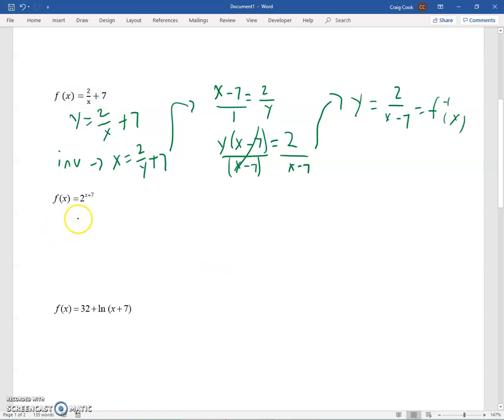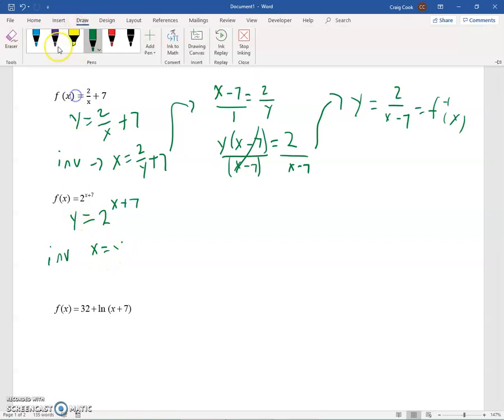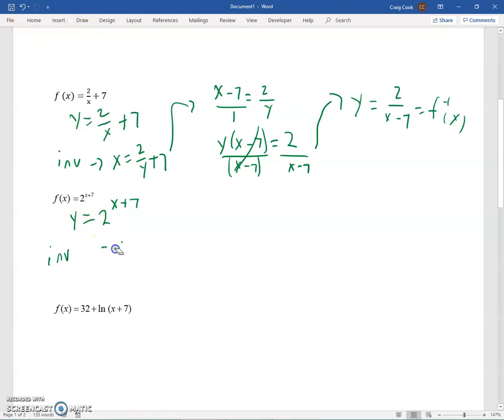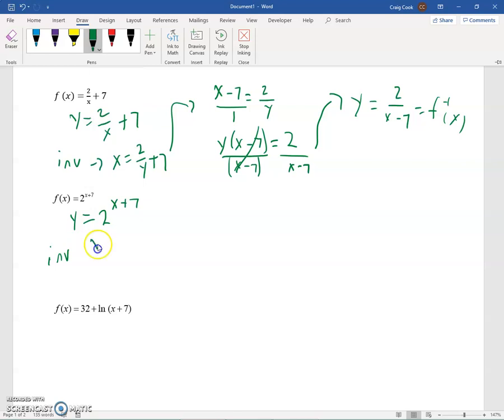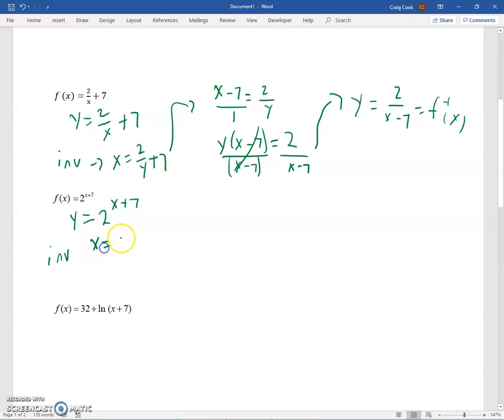Okay, now here we're doing the same thing. y equals 2 to the x plus 7. And to find our inverse, we have x equals 2 to the y plus 7.